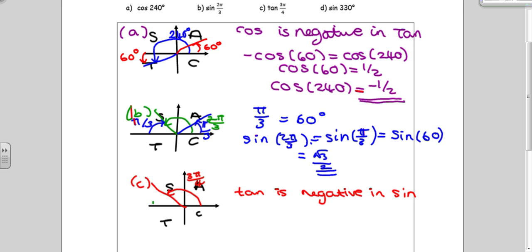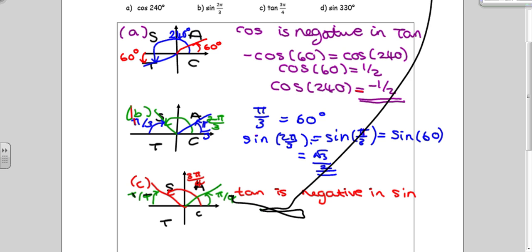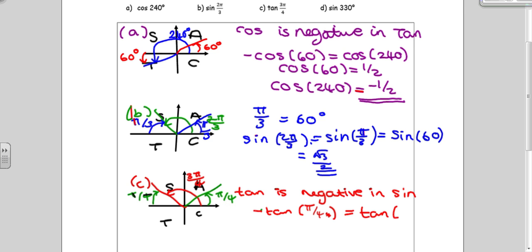And since this is pi over 4 away from that line, if we do pi over 4 away from here, then we will know that minus tan of pi over 4 is equal to tan of 3 pi over 4.